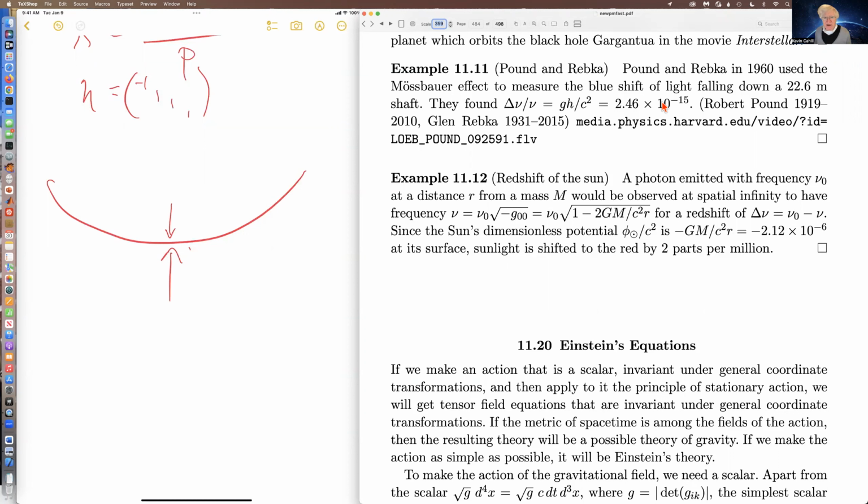It was basically a staircase, and they found a fractional shift of basically 2.5 times 10 to the minus 15. So that was the first demonstration of gravitational time dilation, and you can also see it at 1 part in a million or 2 parts in a million. Sunlight from the surface of the sun is shifted to the red by 2 parts per million.